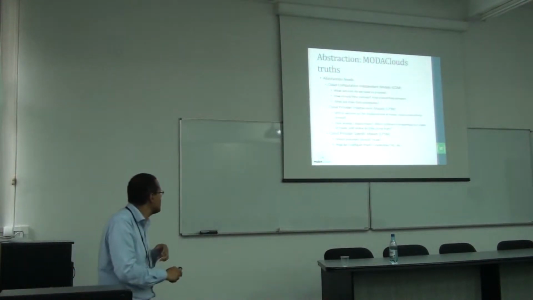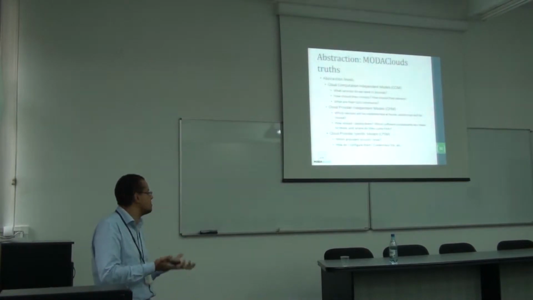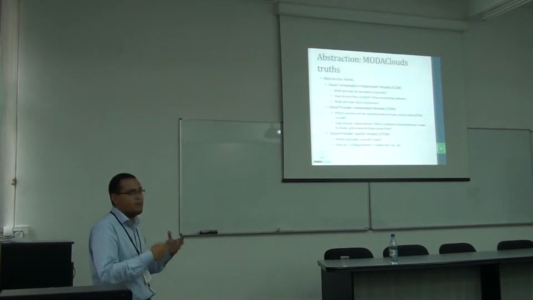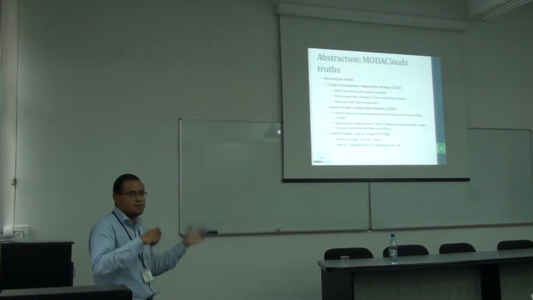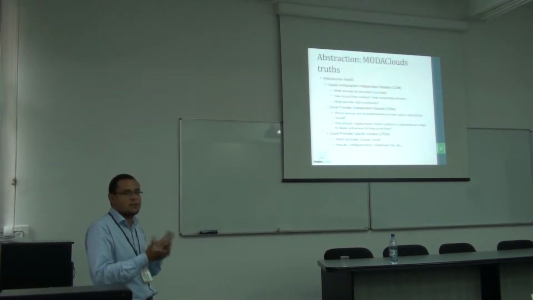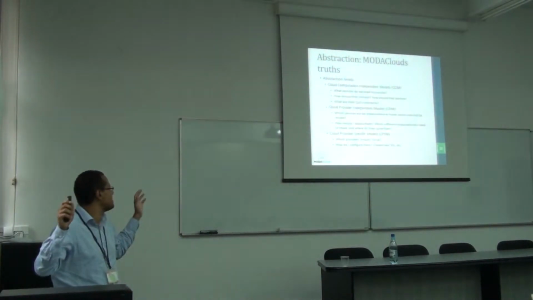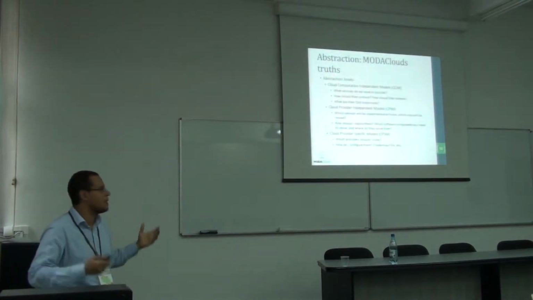So you say, what are the services that I need to make my application run, that I need to provide to my users? How am I going to connect the services? And what are the QoS constraints they need to provide? So this is very, very abstract.